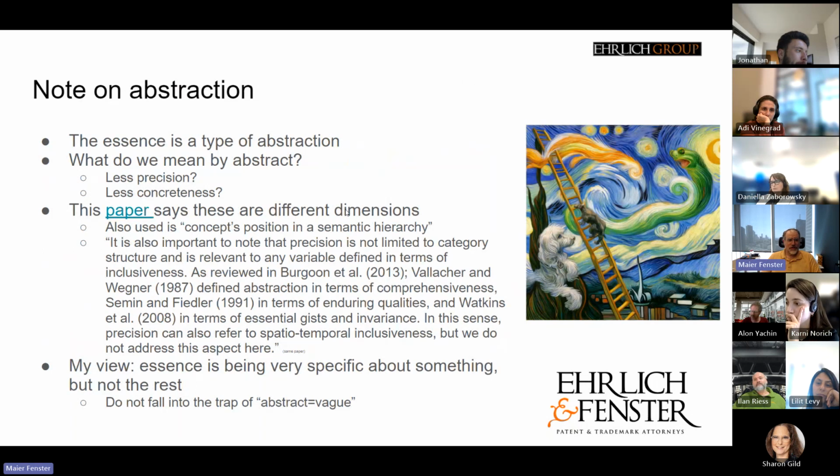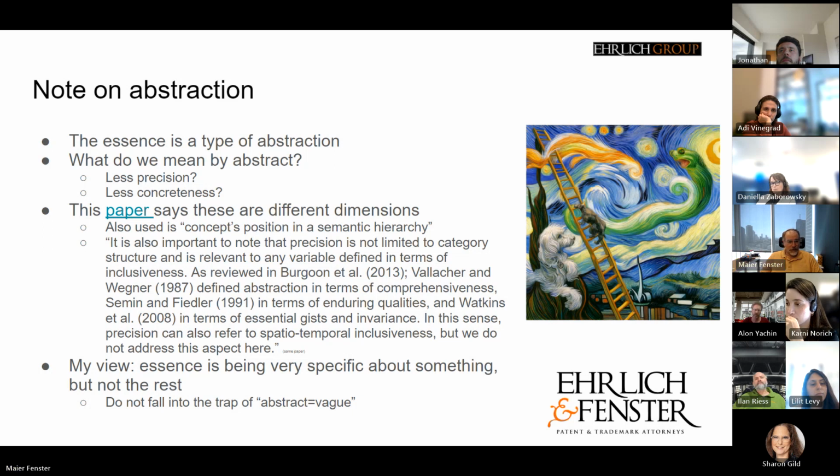Before we finish, I was talking about essence, and essence is a kind of abstraction. And what do people mean when they say, I'm going to abstract it, I'm going to make it more abstract? So I found a very interesting paper, which is actually a psychology paper.